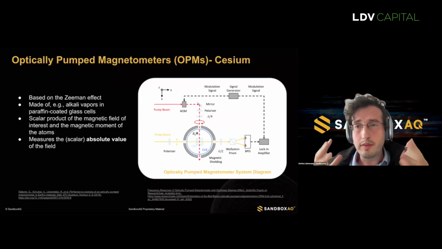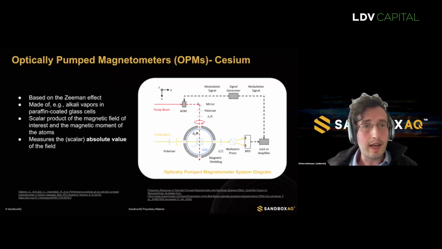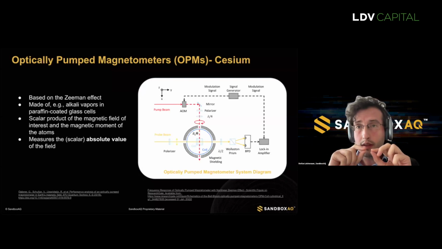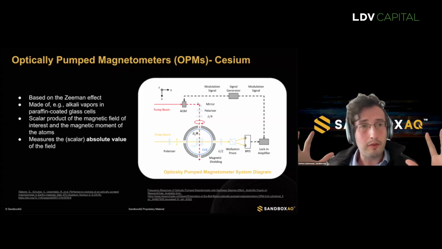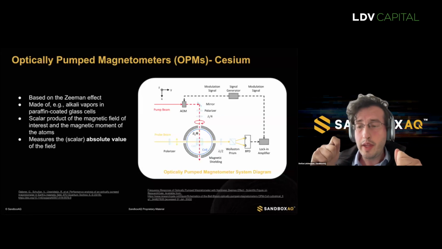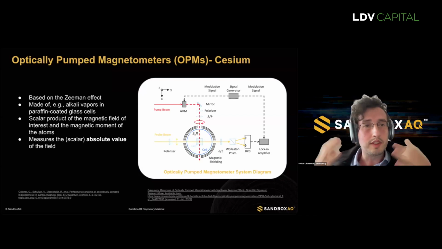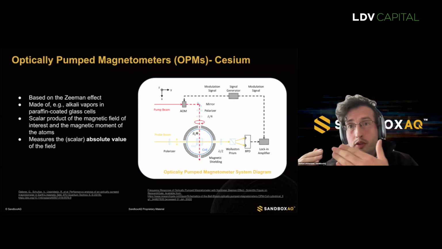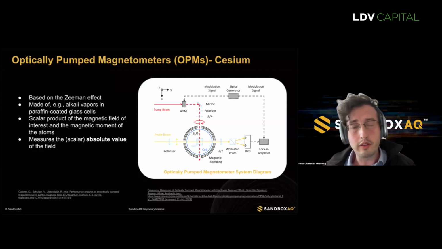You have a gas of atoms. You shine a laser on it in order to polarize these atoms. And then based on the ambient magnetic field that these atoms are sitting in, the spin of the atoms will precess, or move around in certain ways, and will affect, for example, the transparency with respect to another laser that's coming in.